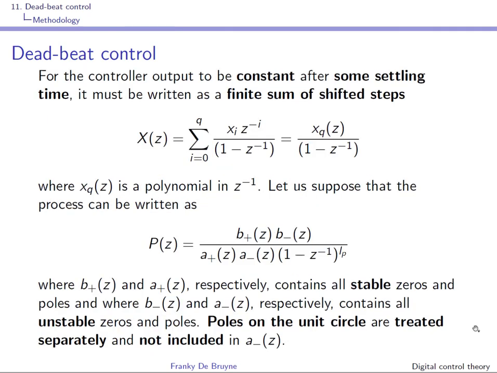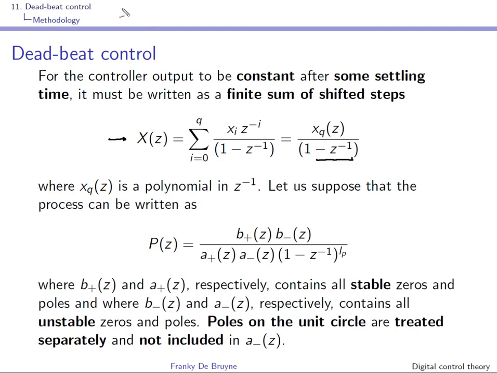We have seen that deadbeat control imposes the output to become constant after some settling time, and in this case it means that we can write the Z transform of the controller output as a finite sum of shifted steps.